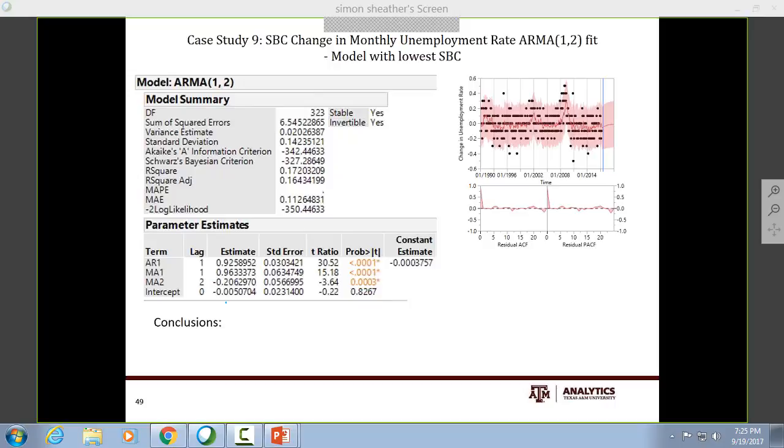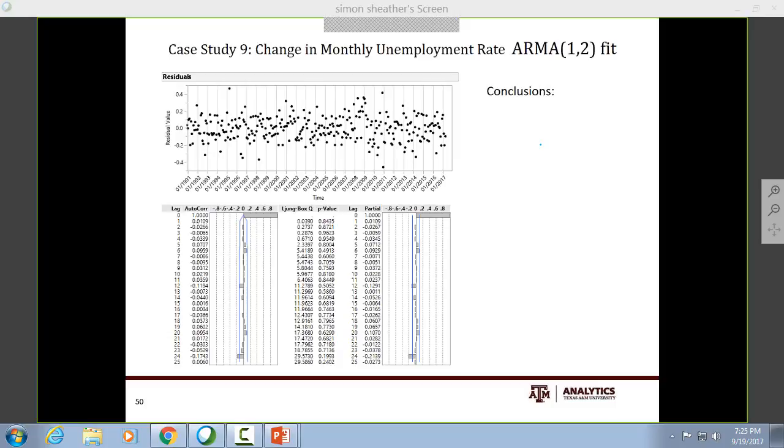Now, the big question is: is it a valid model? And the answer is yes! Have a party. Yes, absolutely. Valid model. Why is it a valid model? Constant variance, right?